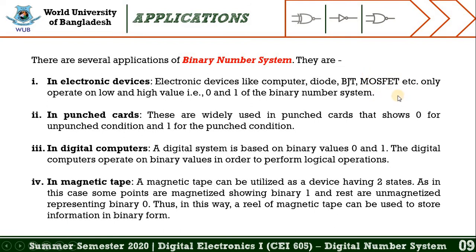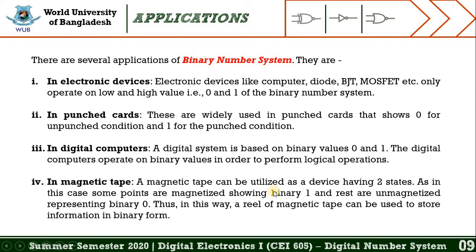They only operate on low and high values, that is 0 and 1 of the binary number system. Next, punched cards show 0 for the unpunched condition and 1 for the punched condition. Next, in digital computers, a digital system is based on binary values 0 and 1. Digital computers operate on binary values in order to perform logical operations.